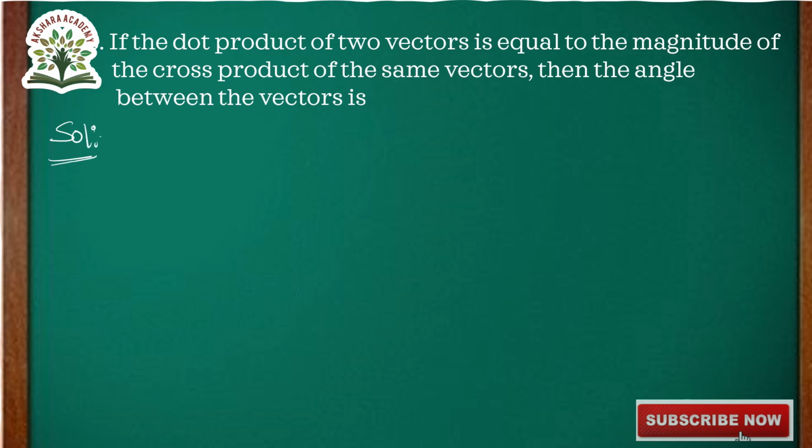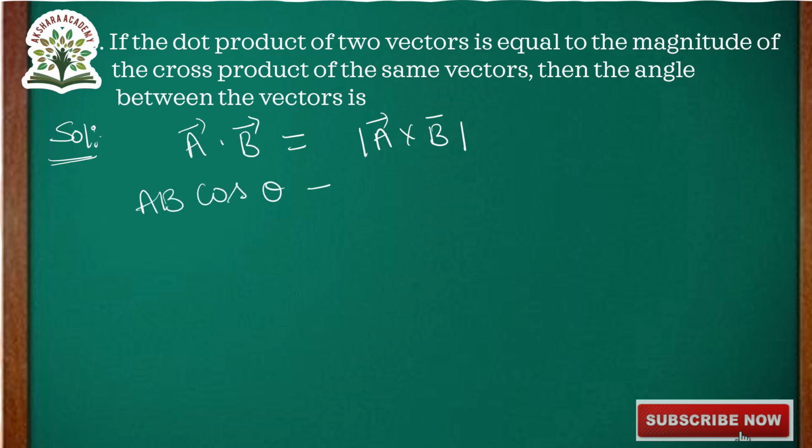Here given a bar dot b bar, the dot product of two vectors, is equal to the modulus of a bar cross b bar. So a bar dot b bar is equal to AB cos theta, and a bar cross b bar is equal to AB sin theta.